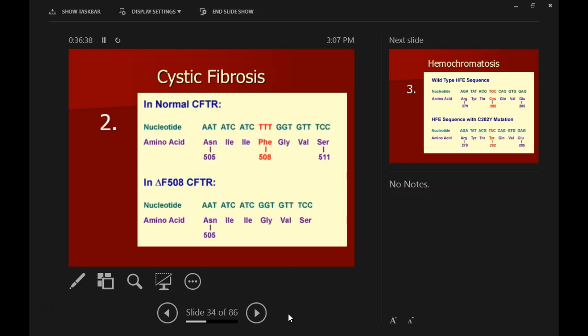So this is the most common cause. Now it turns out there's about 50 different mutations that cause the same trait. This is one of the more common ones. So take a look at it. As you can see, there's the normal gene, and here's the mutant gene.